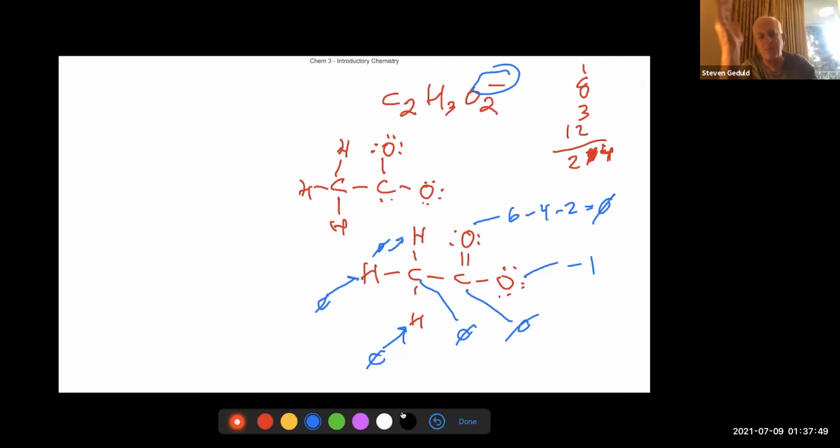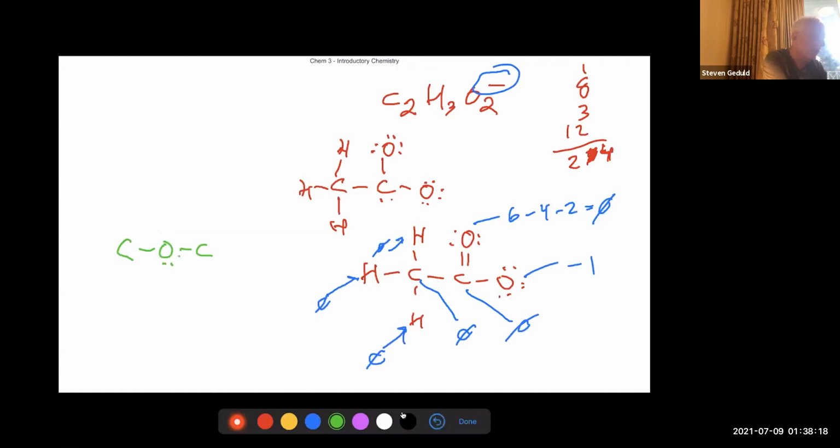Now, the reason this is important is that's how I know to draw it that way. Why couldn't I have drawn, let me do something a little different color here. Let's do green, I like green. Why couldn't I have gone C, bonded to O, bonded to C, bonded to that one on there. We'll do 2 dots. We don't need that.